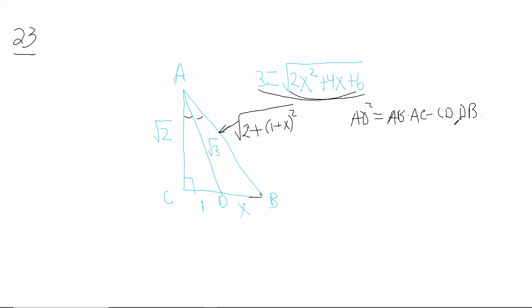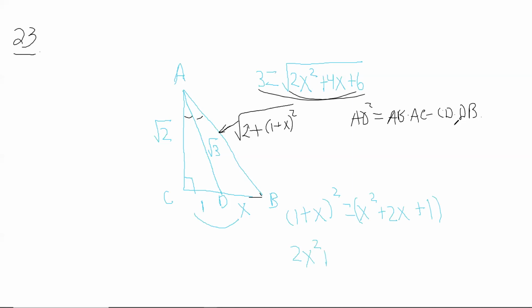So 1 plus x squared is x squared plus 2x plus 1. And this is square root 2, and that squared is 2.